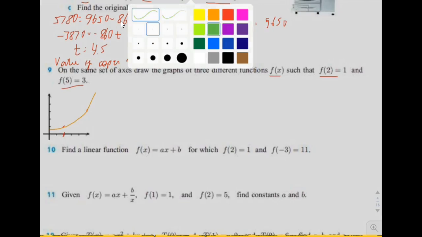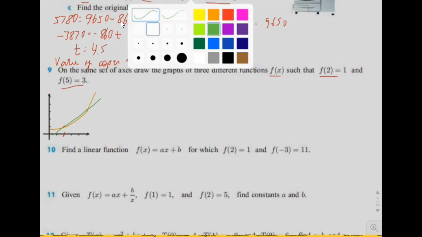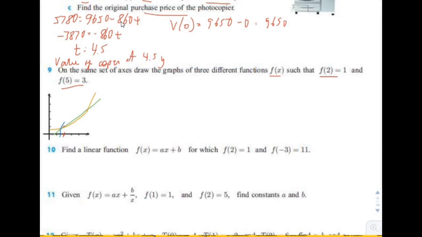So there's one, here's a linear one, and here is another one. Okay? So those are three functions that have the same 2 points. x equals 2 and y equals 1, and x equals 5 and y equals 3.